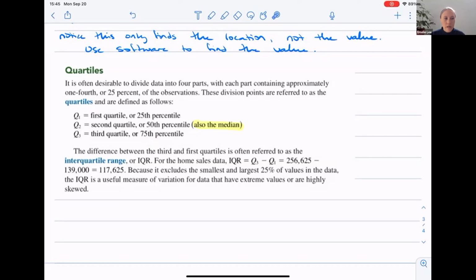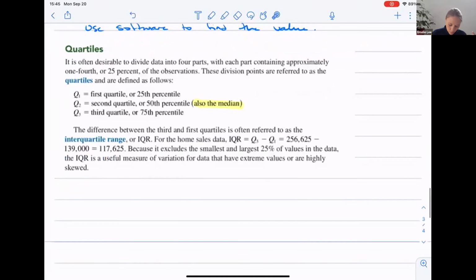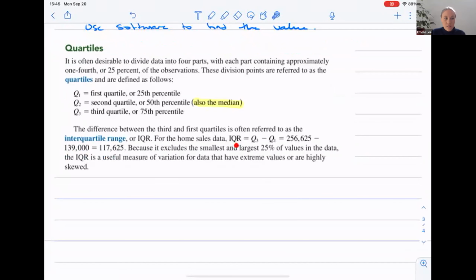We often talk about the interquartile range. Inter means between, so between quartiles. The range is the distance between Q3 and Q1. The interquartile range, which we usually abbreviate as IQR, is Q3 minus Q1.